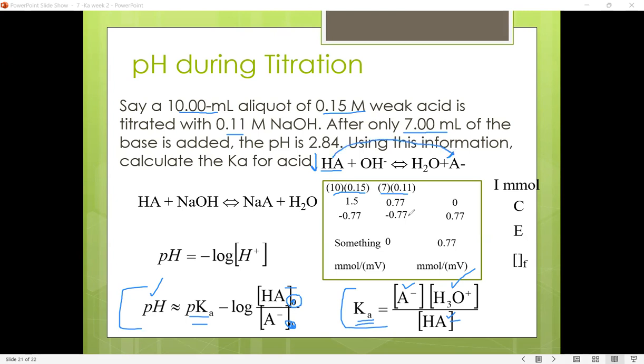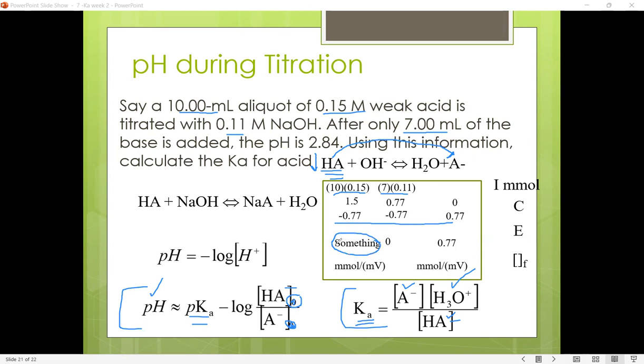And so with the neutralization, we figure out how many millimoles we have. We're going to take it down to 0, taking the smallest one. Before the equivalence point, we should have excess acid left over, right? And so we're going to take how many millimoles, cancel it off, and we'll be able to find how much HA is left.